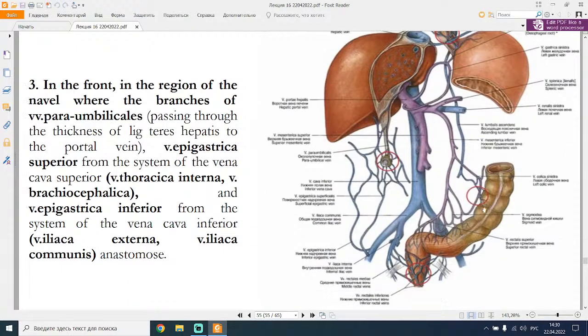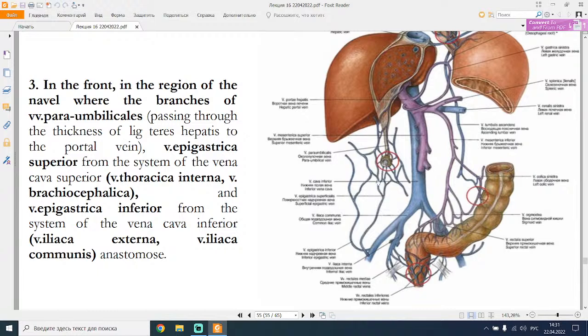In front, in the region of the navel, are the branches of vena paraumbilicalis. They open into the portal vein, passing through the thickness of the ligamentum teres hepatis to the portal vein.